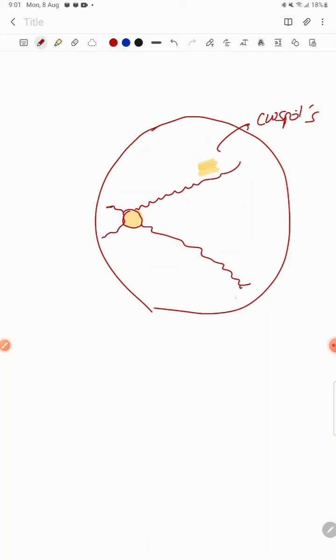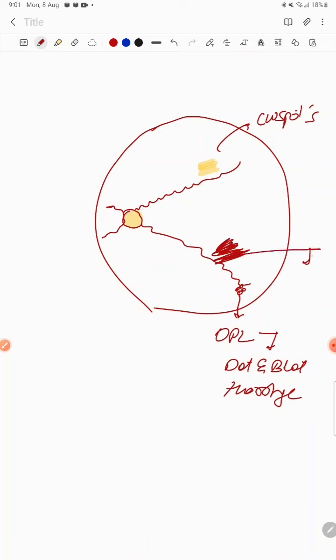In the same way, these arteries are going to leak blood. If this blood gets deposited in the outer plexiform layer, it will lead to dot and blot hemorrhage. If this blood is leaking in the superficial layer of your retina, it will lead to flame shape hemorrhage.